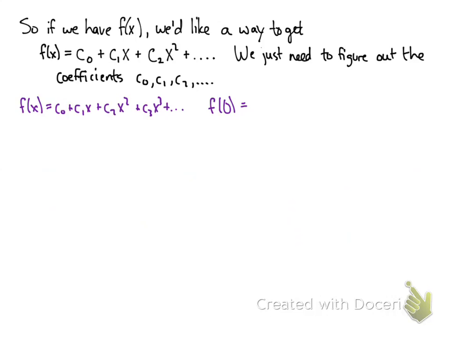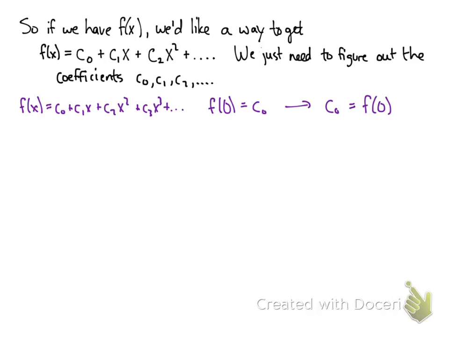All of the terms with x's in them will disappear, and we'll just be left with that first number, c subscript 0. That means the number c subscript 0, that coefficient, is exactly what f of 0 is. So we're looking to find what c0, c1, c2, and so on are. We just found c0.